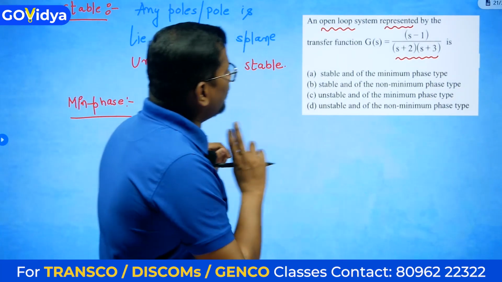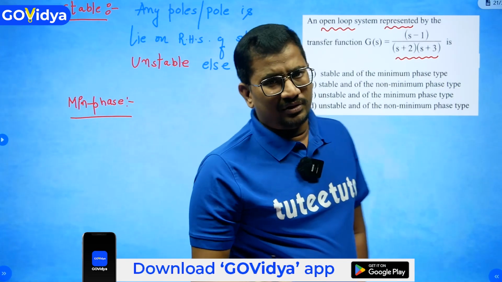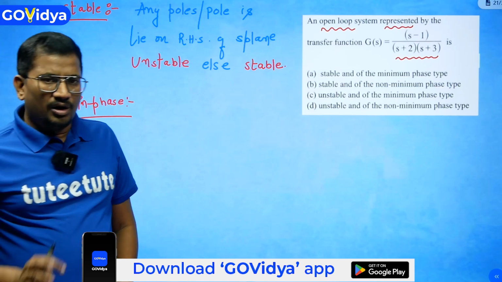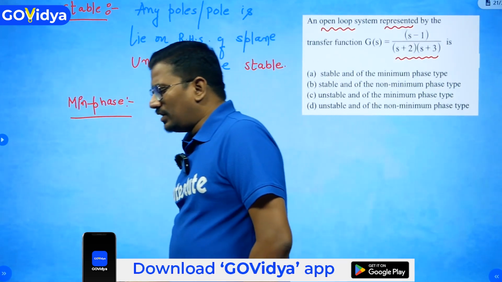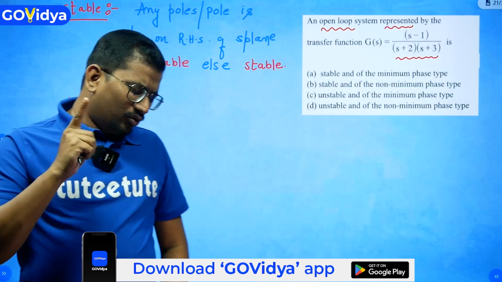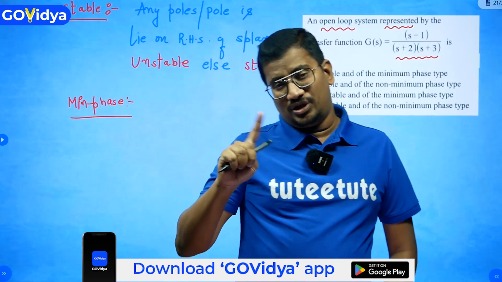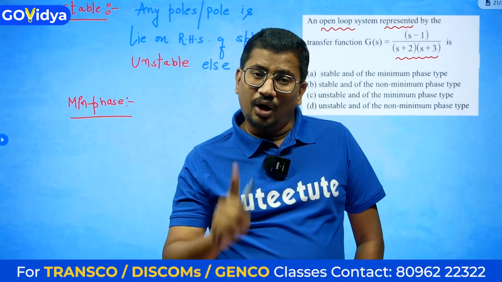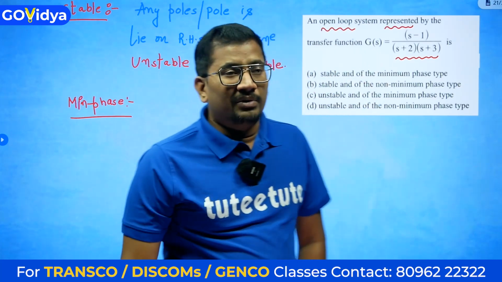If any pole or zero is lying on the right half of the plane, then that system is called a non-minimum phase system. Non-minimum phase system means no pole or zero should lie on the right half of the plane. If any zero or pole or both are lying on the right half of the plane, that is called a non-minimum phase system. If all are on the left half side, that is called a minimum phase system.